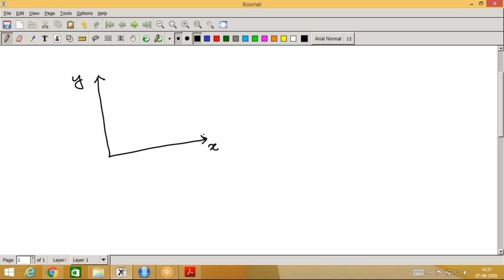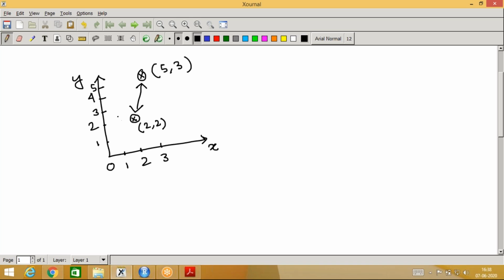This point is 2, 2, and this point is 5, 3. The question is, what is the distance between these two points?